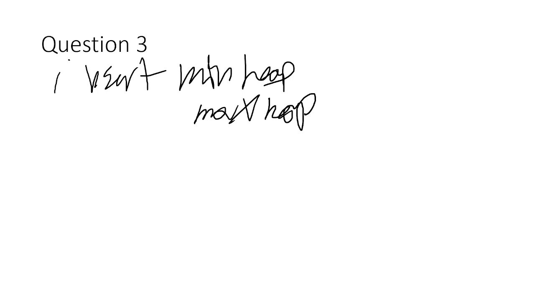Now, if a new item is inserted and it's less than our current median, then we insert it into our max heap. And if the new item is greater than our current median, we insert it into our min heap. So we're keeping track of this information here.